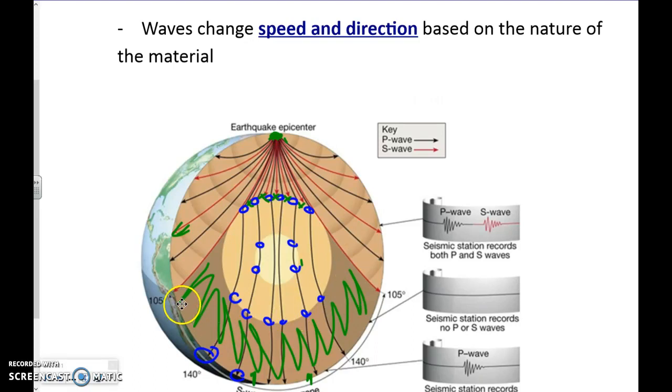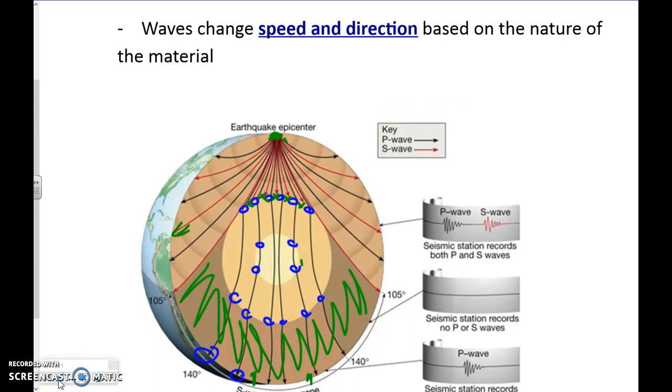We have this whole shadow zone down here that's highlighted in green, where the S waves don't travel. So why don't they travel that way? There has to be something blocking them. In other words, it's this liquid inner core. And we know it's liquid because S waves can't travel through liquid. So this is how we know what the interior looks like, because of how the waves behave, or what we don't see.